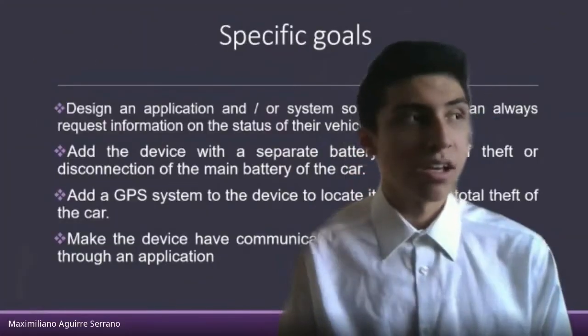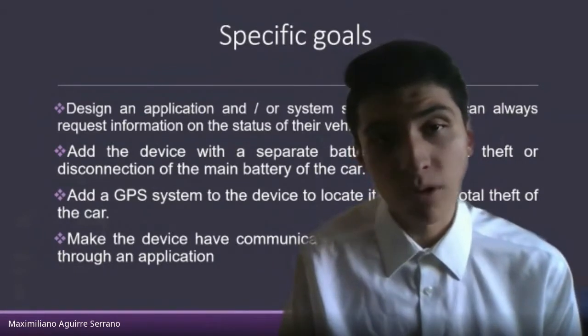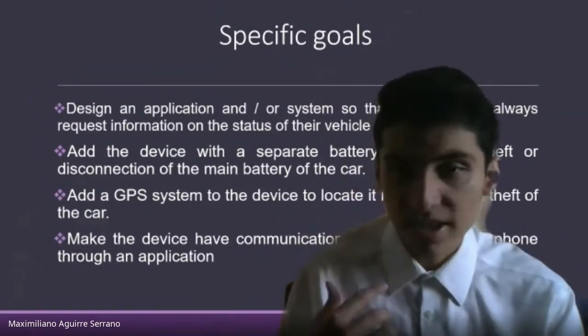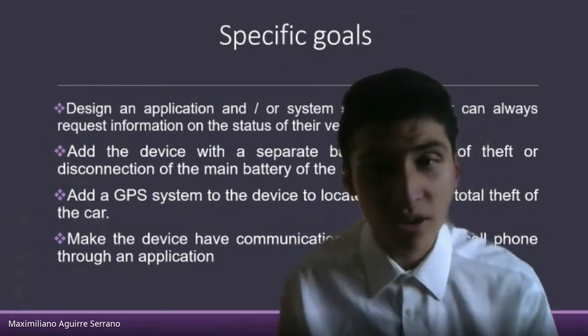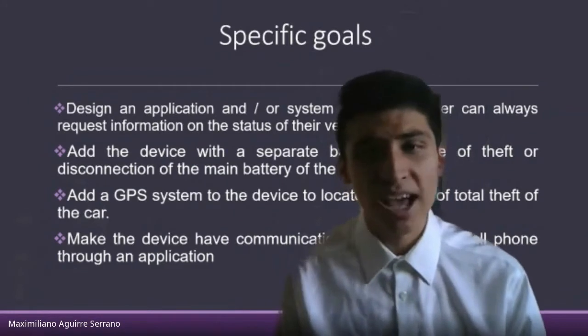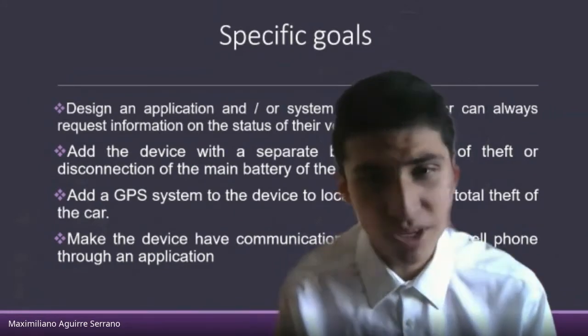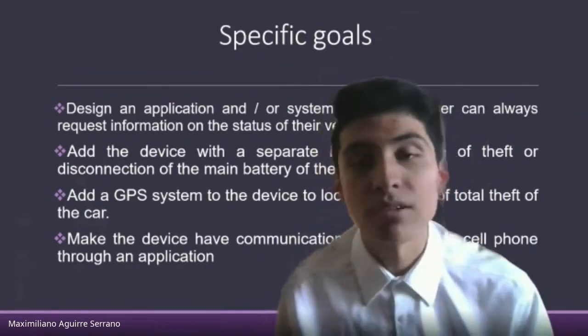Specific goals. The specific goals of our project are the following points. Design an application and our system so that the user can always receive information on the status of their vehicle.